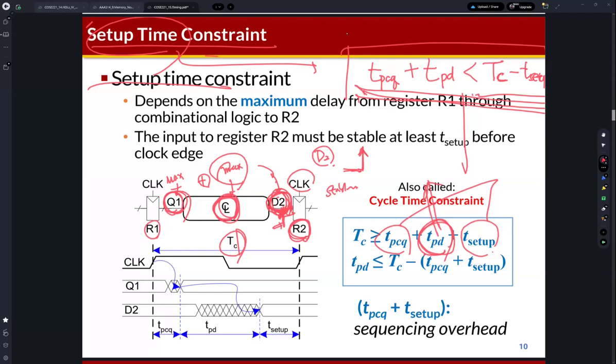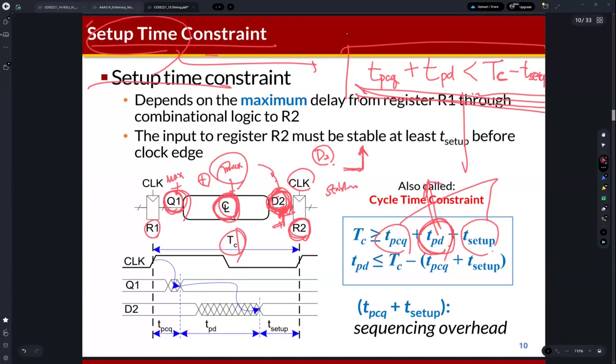So if there are many circuits, then delay is also increased, because there are many circuits in the path. So TPD is proportional to the complexity of the combinational logic.